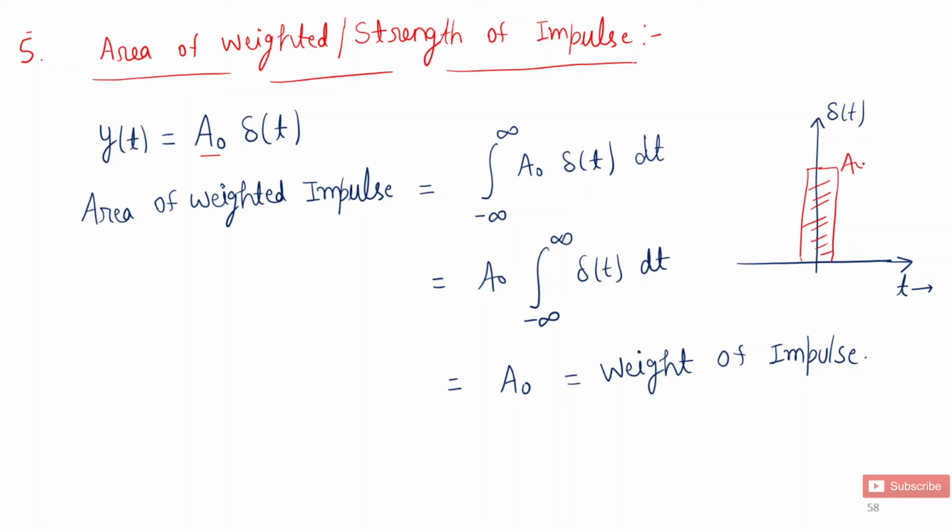This is A naught. How to calculate? From minus infinity to infinity, the signal is lying in this range. So A naught delta t, A naught common out, and the integral of delta t is 1, because delta t is the unit impulse signal. So A naught into 1 equals A naught. So this is the weight of an impulse other than the unit impulse signal.